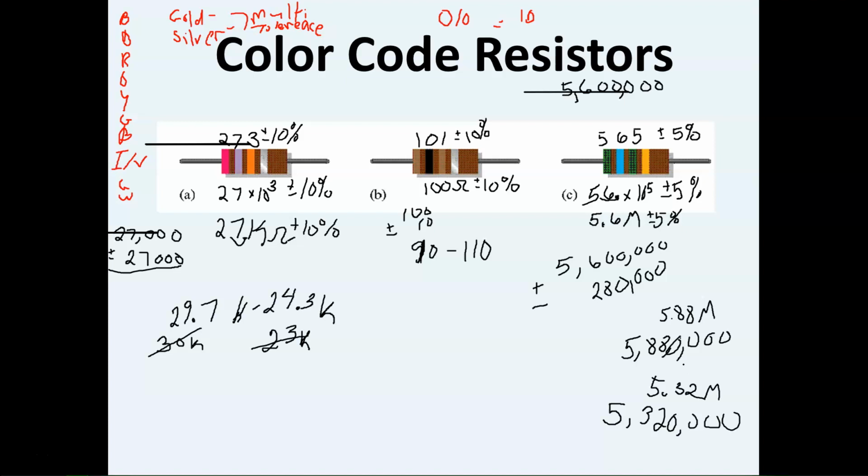Now, just to show y'all an easier way that this can be done, instead of dealing with all the zeros, say 5.6 plus or minus 0.28.